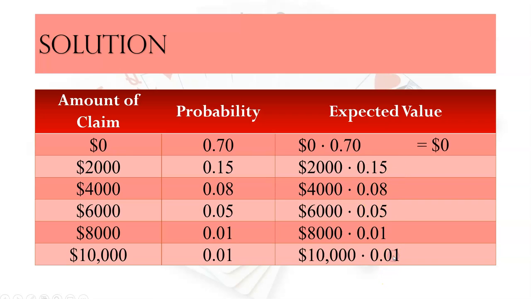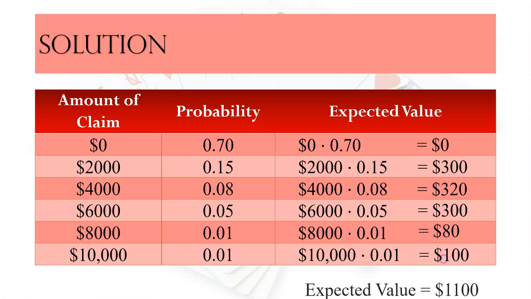When I multiplied this out, I got these values here. And now, since these are all of the values in parentheses, I'm going to add all of this together and get one expected value. So the expected value for a claim payment for these age drivers would be about $1,100.